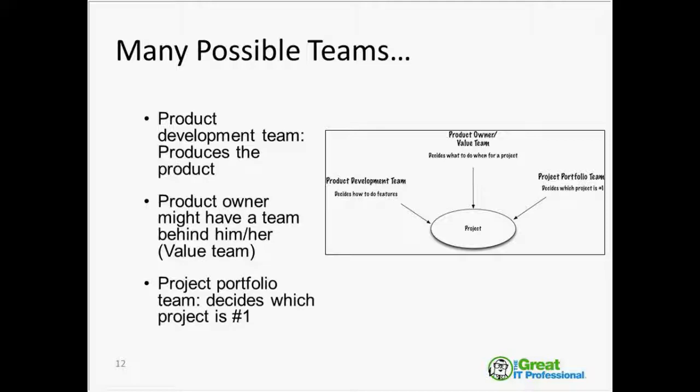Now notice that there's a team in the middle here called the Product Owner Value Team. And that's the team who decides what to do and when for a product. So, and I said here for a project, but a project is one release of a product. So, you might have just a product owner on that team.